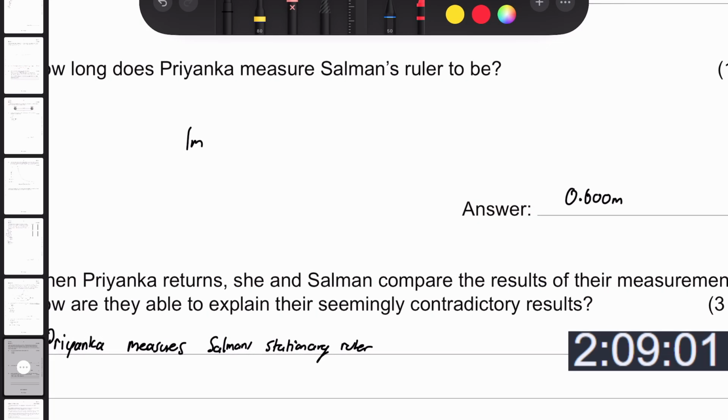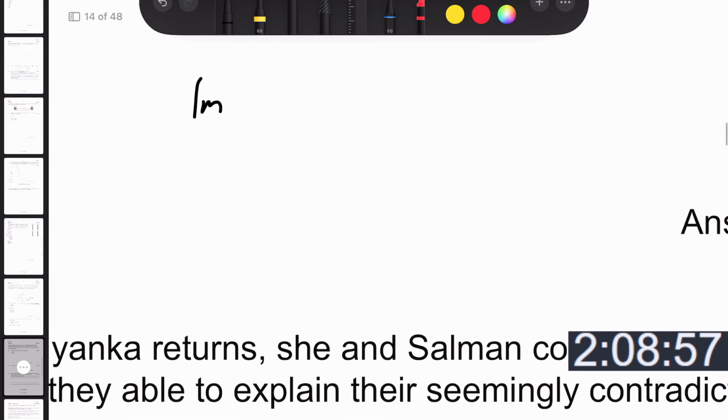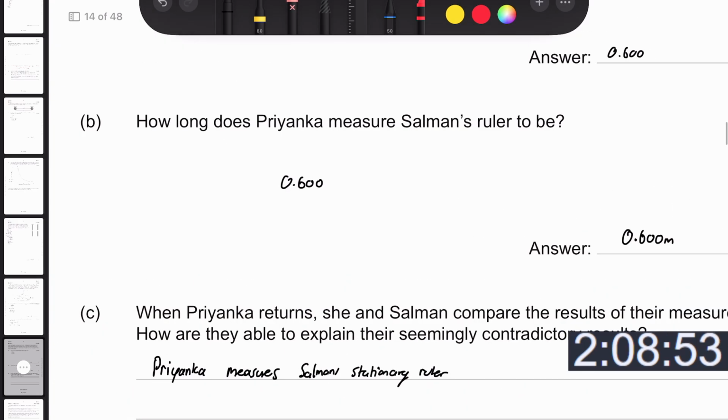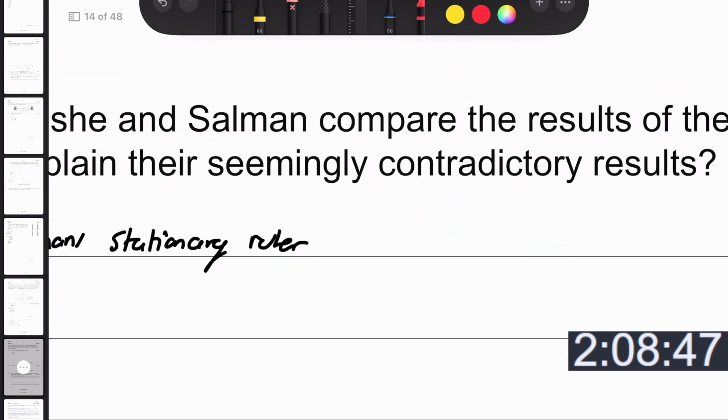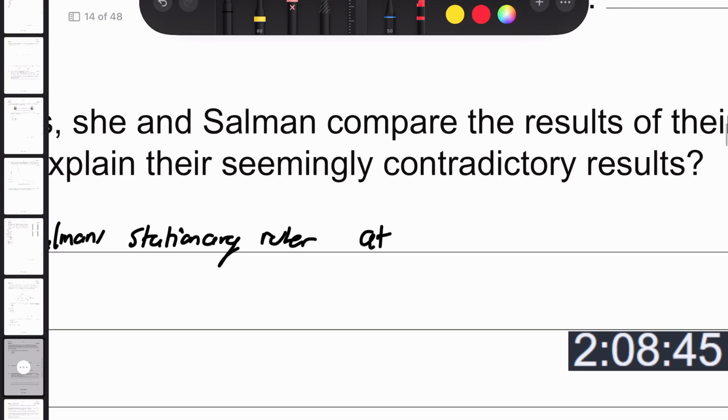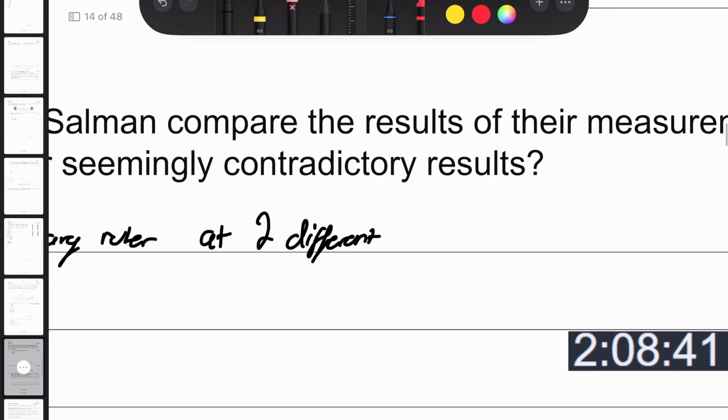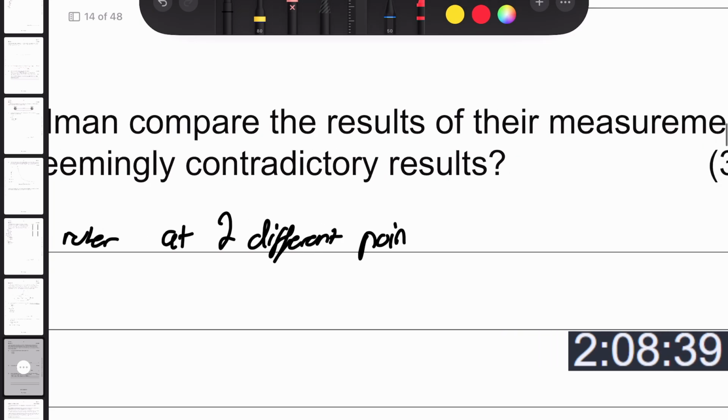Because she's definitely not going to see the proper stationary ruler. Two different, wait.